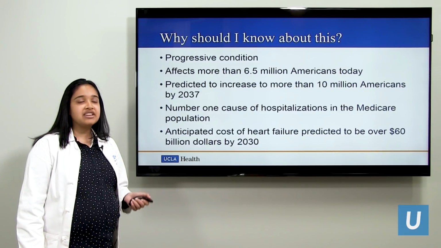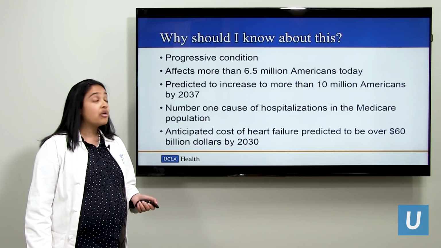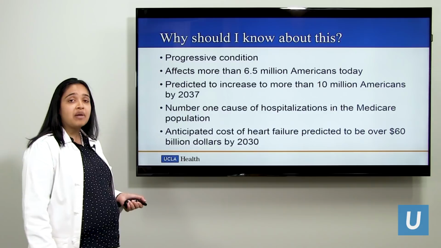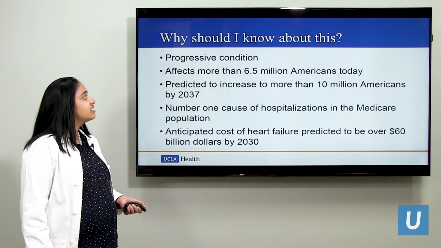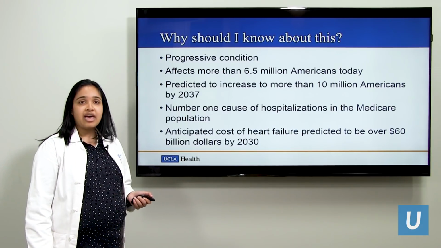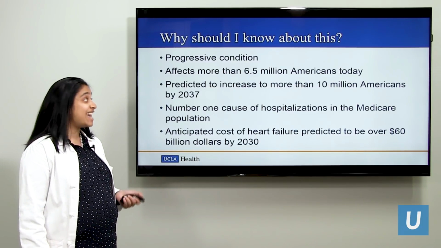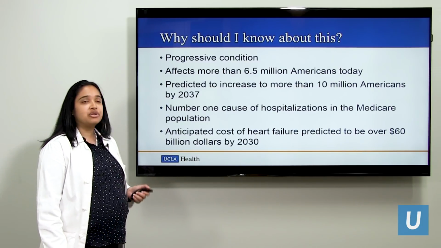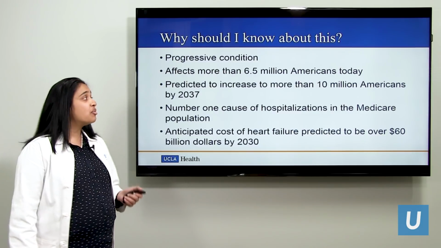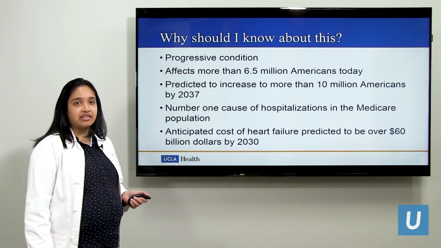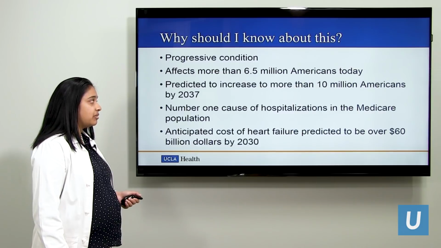Why is it important to know about heart failure? Well, for number one, it's becoming more and more common. It's a progressive condition, and it affects more than 6.5 million Americans today. And that number is projected to increase to more than 10 million Americans by the year 2037.